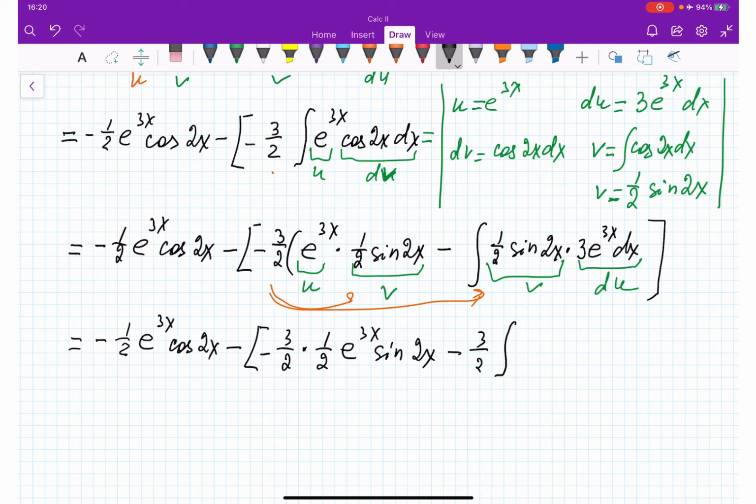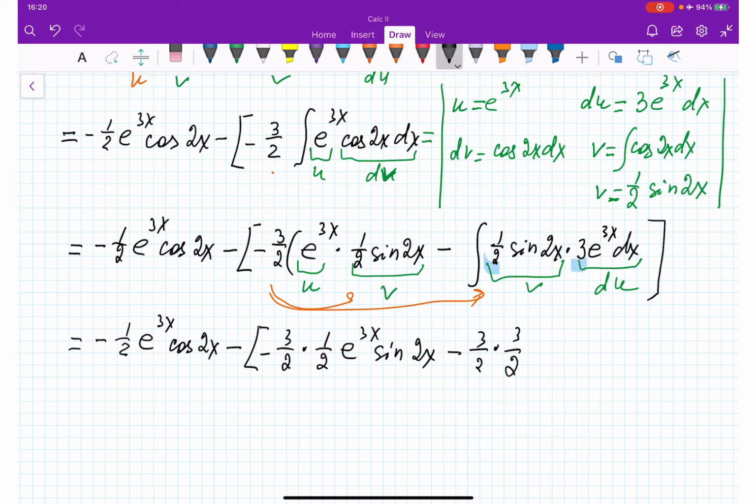this 3/2 comes out, so I have to multiply by this 3/2 coming out, right, times 3/2. This is this 1/2 and this 3, right?